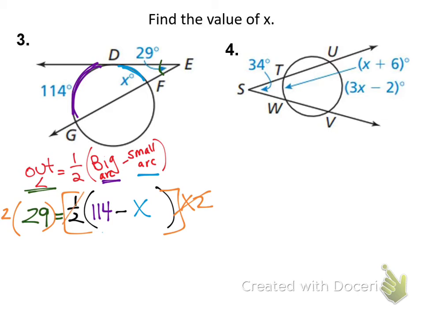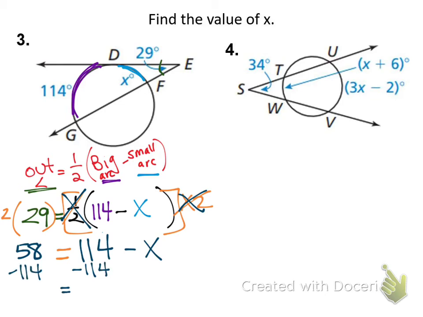On the left, 2 times 29 is 58. On the right, the 1/2 and the times 2 cancel each other out, so we have 114 minus x. What is my next step? Subtract 114. This is where small mistakes happen and you don't want to make them. What is 58 minus 114?